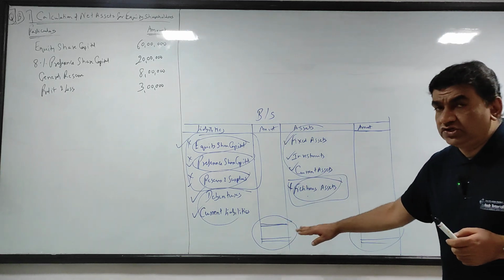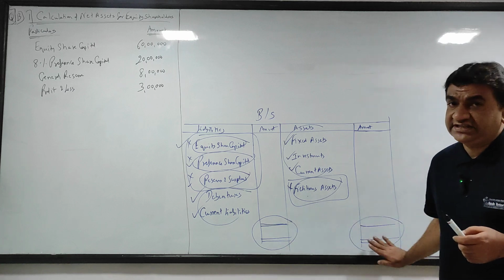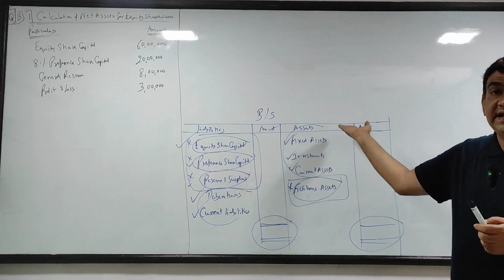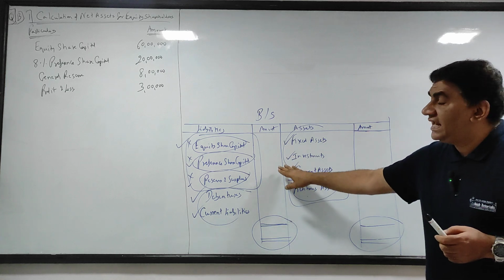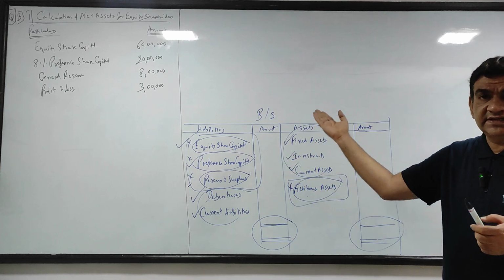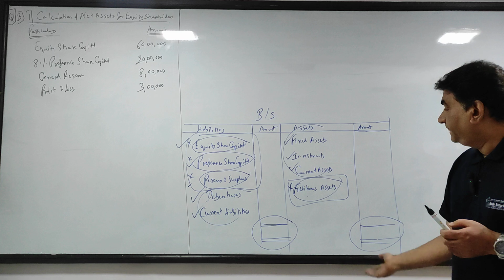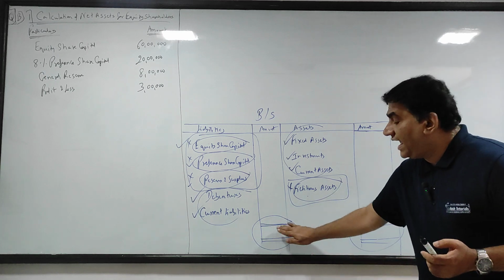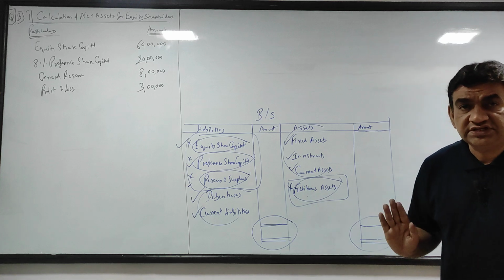ये बैलेंस शीट है, जो भी टोटल है दोनों साइड सेम ही होगा. If I increase assets by say 5 lakh rupees, my liability also will increase by 5 lakhs. अभी ये सब में 10 lakhs है. बैलेंस शीट है, let it be any balance sheet. Liability asset दोनों का टोटल सेम होना चाहिए.